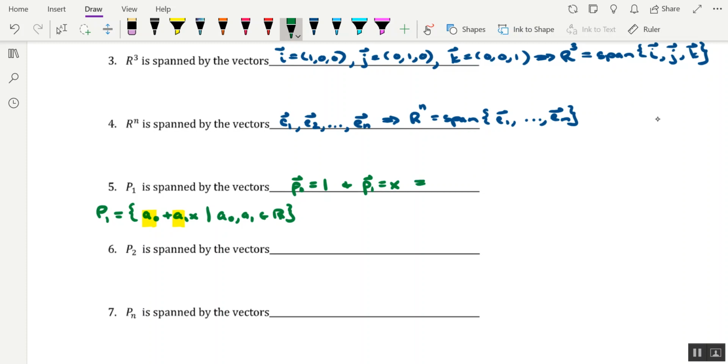So in other words, any linear combination of 1 and x would help us to generate polynomials of this format. So P sub 0 and P sub 1 span capital P sub 1. So I'll say P sub 1 is equal to the span of P sub 0 and P sub 1.